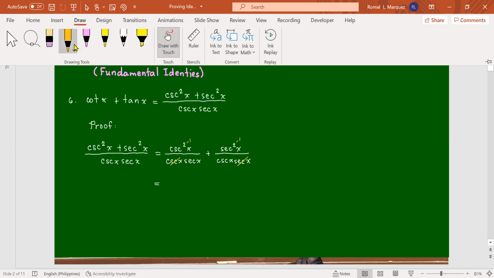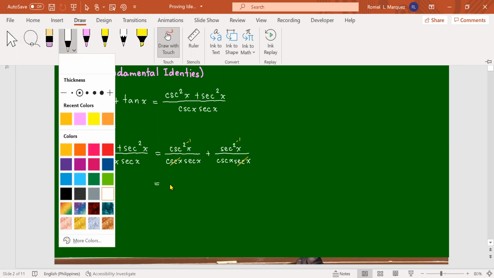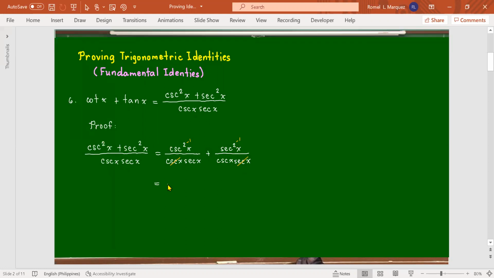Okay? So let's now proceed. This is equal to cosecant x over secant x. The second fraction, we have secant x over cosecant x.